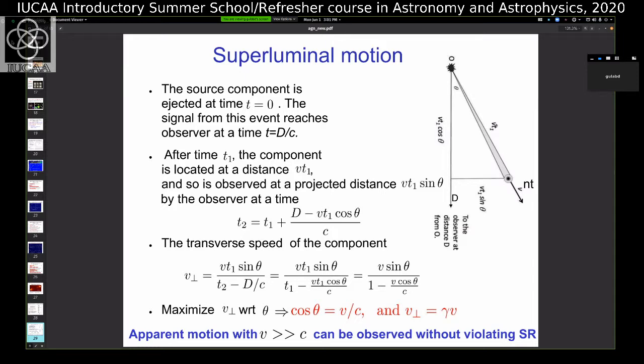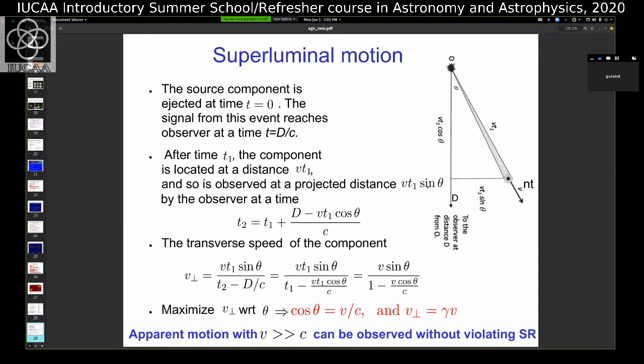So v is the speed, and t1 is the time. This will have a projected distance of v t1 sine theta, where theta is the angle that the direction in which the blob moves makes along with the line of sight.